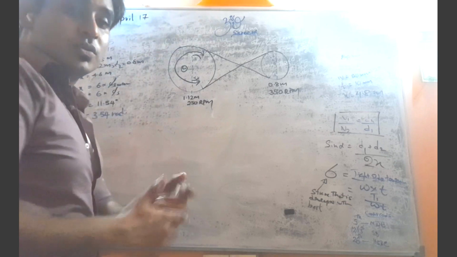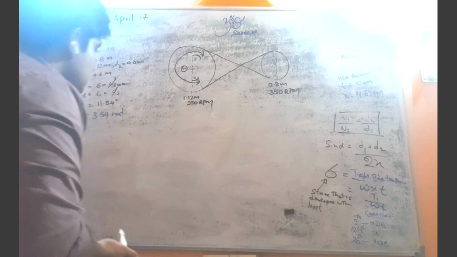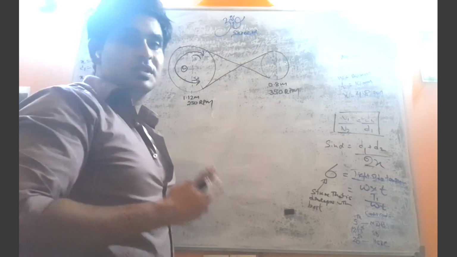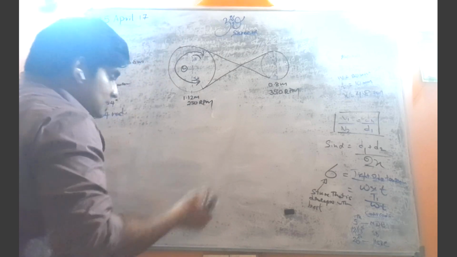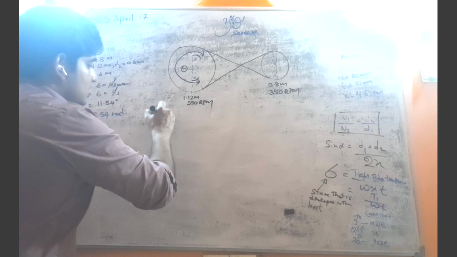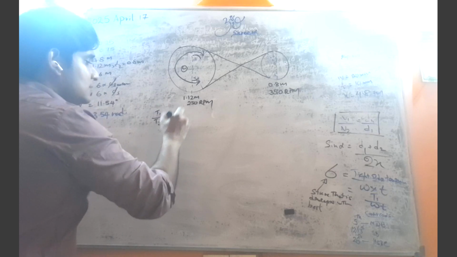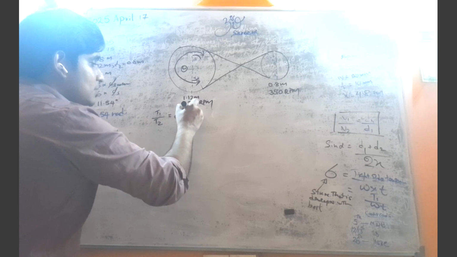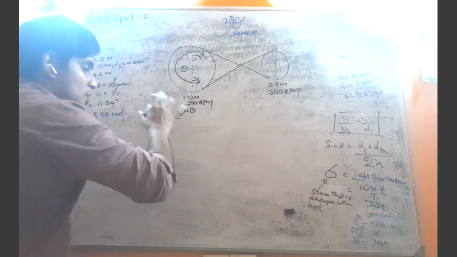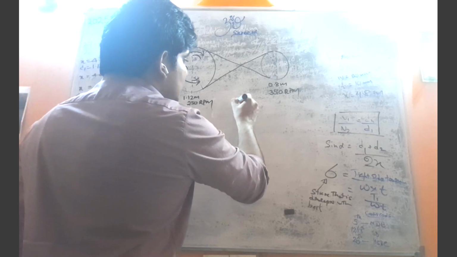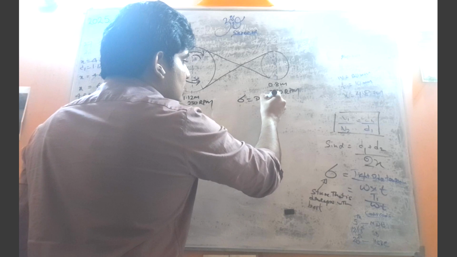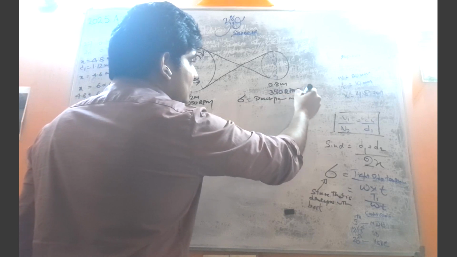So now what is the next thing? We are going to use the equation based on the ratio of driving tensions, that is T1 divided by T2 equals e to the power mu theta. Because what is our target? We have to find the stress that is developed in the belt.